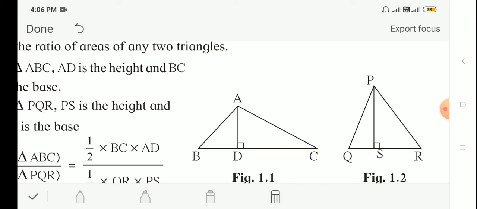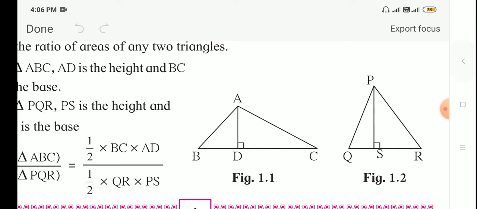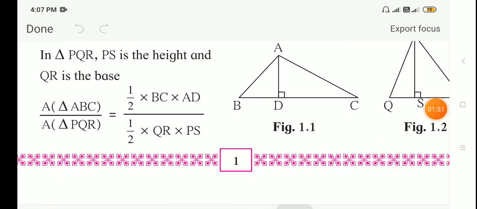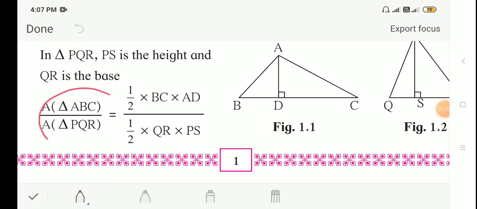Ratio of area of two triangles means here division of the areas of the two triangles. Area of triangle ABC divided by area of triangle PQR is equal to, by using formula, 1/2 BC into AD divided by 1/2 QR into PS.